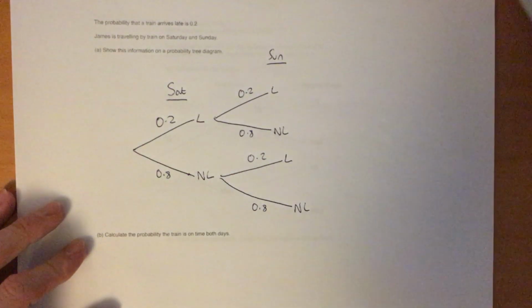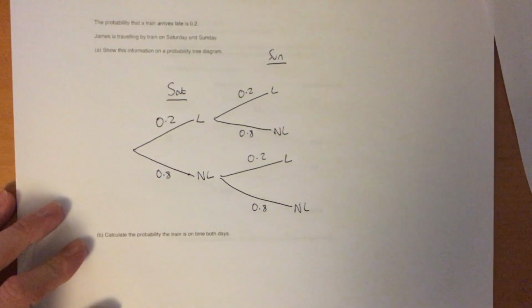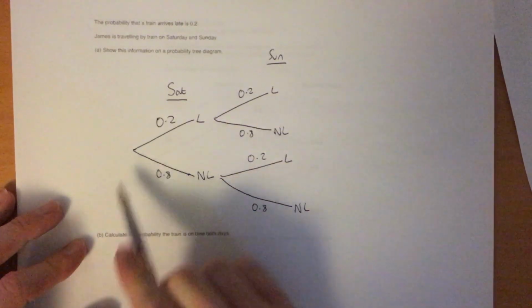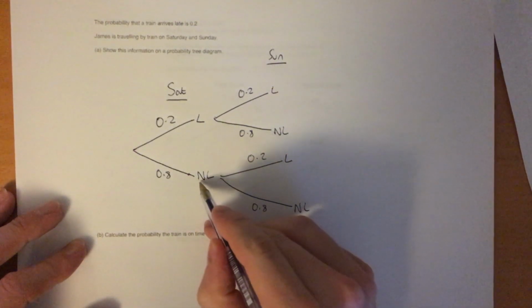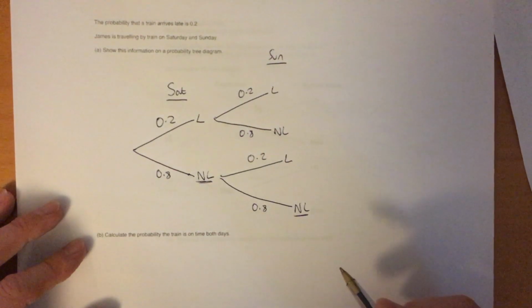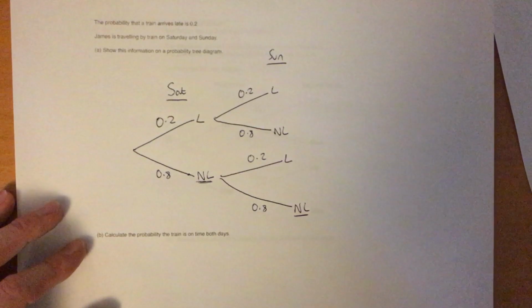Okay. Calculate the probability that the train is on time on both days. Now, that there, on time on both days, that there is what you're used to doing from the previous lesson. On time on both days would be him being not late and then him being not late again. Because that must mean that they're on time.